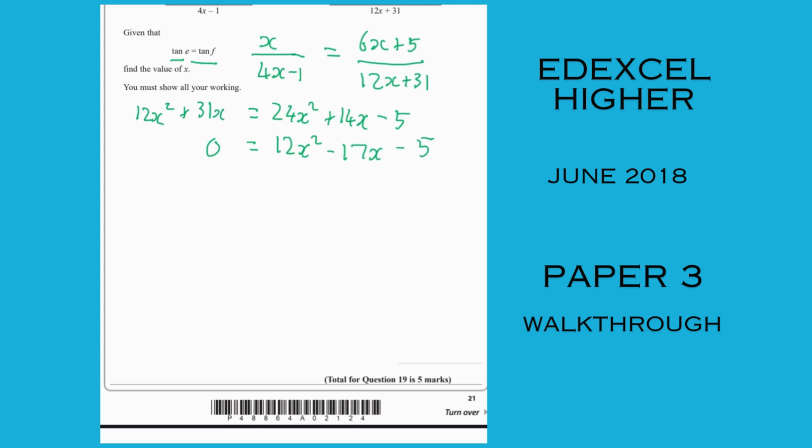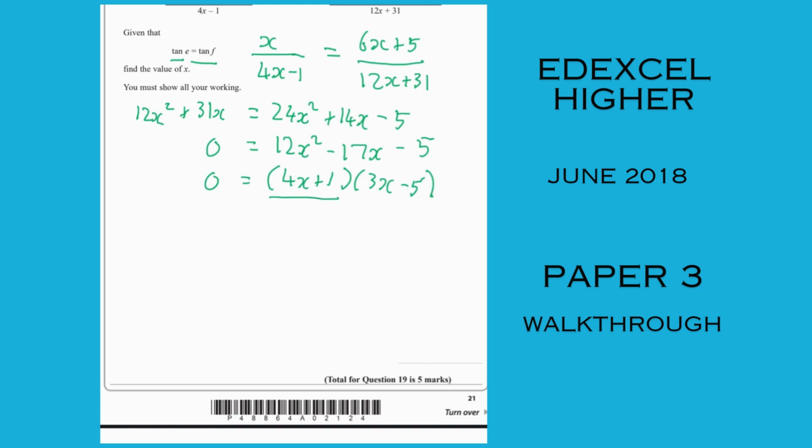You'll get the answers of minus a quarter, which gets rejected, and 5/3. But as you know, with all these, I do them as written answers, then I do them here. So I've already factorized it. I did use the AC method originally, and it becomes 4x plus 1, 3x minus 5. So you get 2 answers.